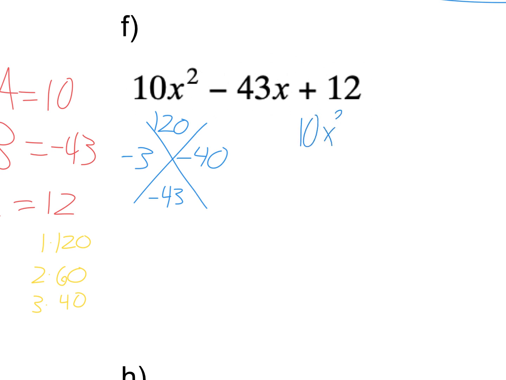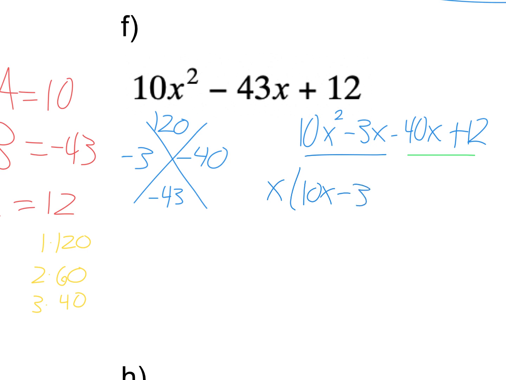So 10x squared, and then using our factors, minus 3x, minus 40x, and then plus 12. So negative 3x and negative 40x give us the negative 43, but now we can group it. So I have a blue group and I have a green group. In the blue group I can factor out an x, and I'll have 10x minus 3.